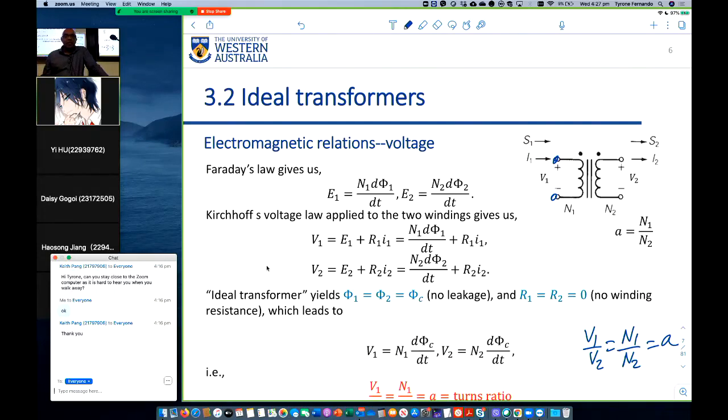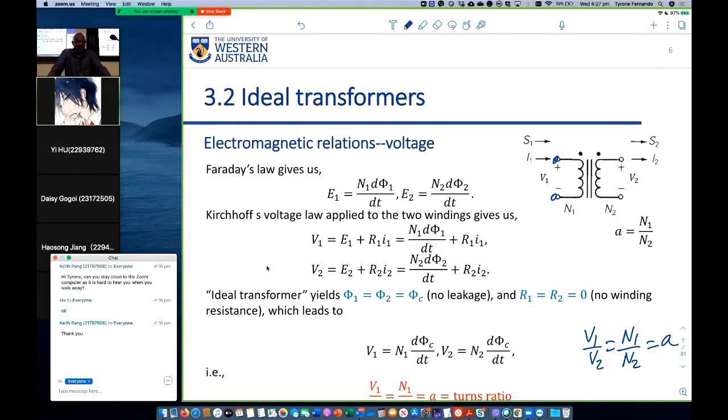The same can be said for V2, the voltage at the terminal of the secondary, which must equal the induced voltage plus the current that flows in the secondary winding times the winding resistance R2. But we'll assume R2 equals 0 in the ideal transformer case. So then we can write the terminal voltage V1 on the primary as N1, the number of turns in the primary, times the time derivative of the flux. It's a common flux, right?